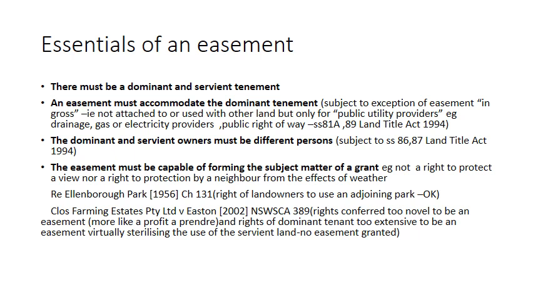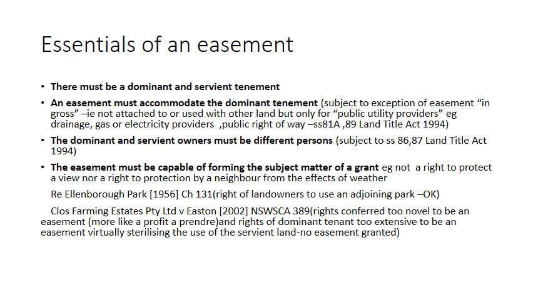I mean, really what should have happened, I suspect, is that it should have been a profit à prendre, or if they wanted exclusive use, exclusive possession of the vineyards, the dominant tenant should have leased the land in the servient tenement. So really, this concept has two prongs.